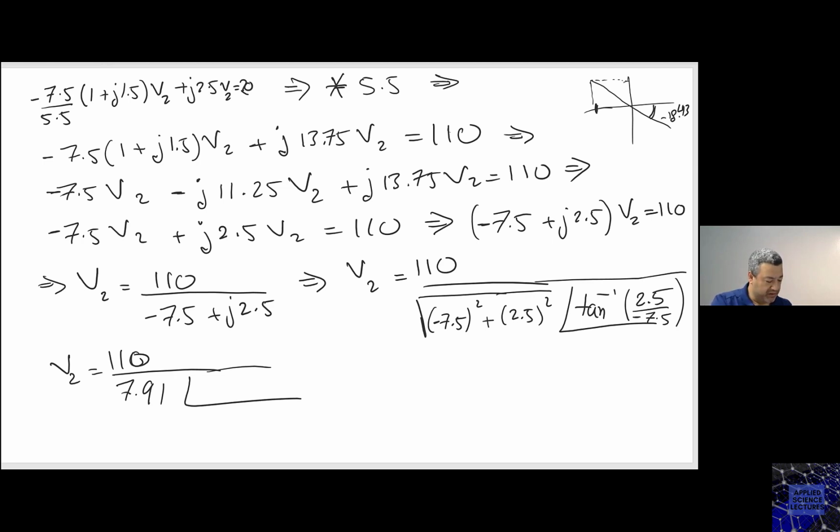So the angle here would be 161.56 degrees, and V2 is 13.91 with an angle of minus 161.56 degrees.